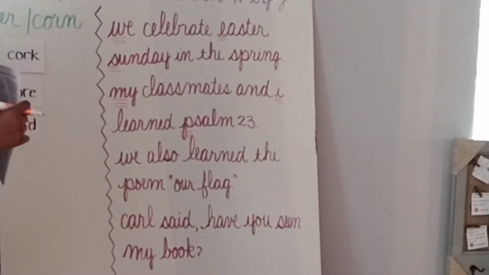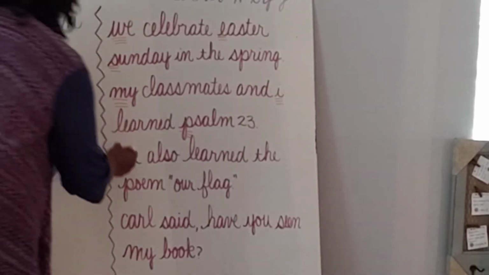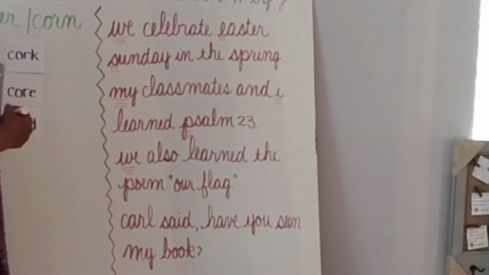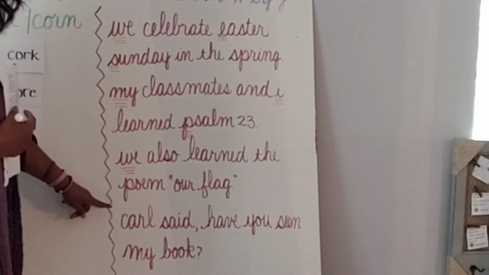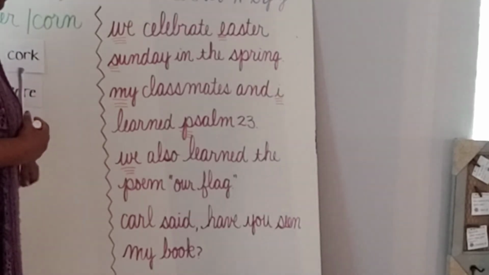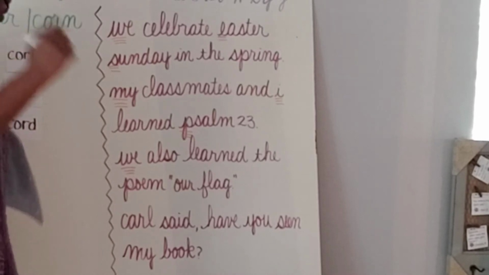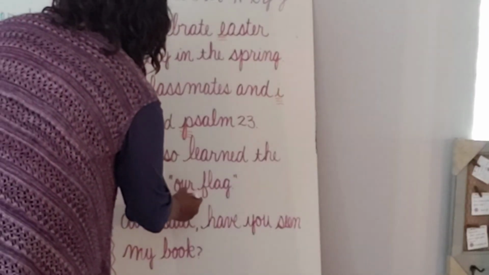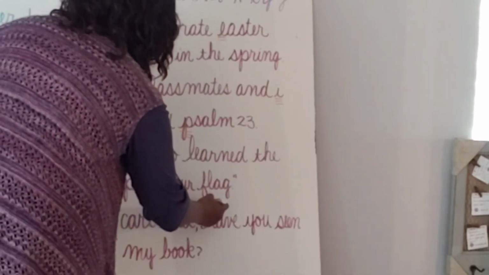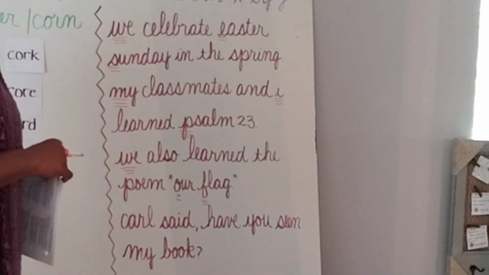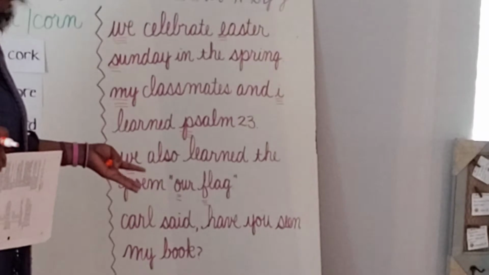What about, we also learned the poem Our Flag. We, first word. Do we capitalize the P in poem? No, we don't capitalize the P in poem because it's just talking about the poem. But we do have to capitalize the title of the poem. You can see that the title is written in quotation marks because for poems, that's what you do.